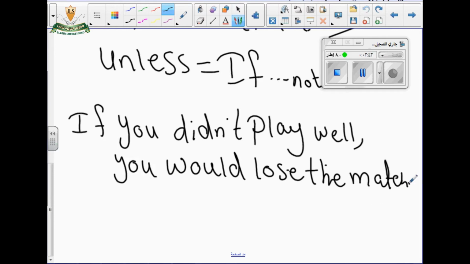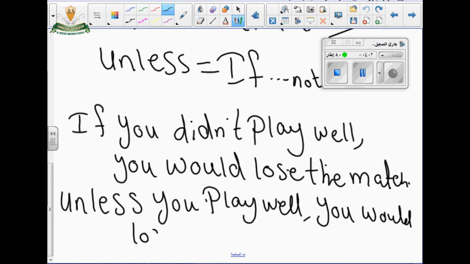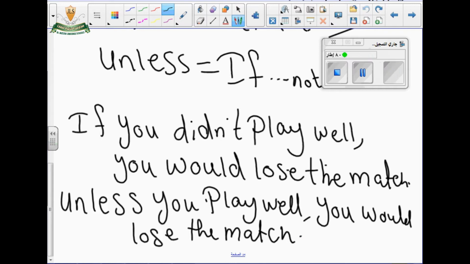Or if I want to use it with unless, I will say, unless you play well, you would lose the match.